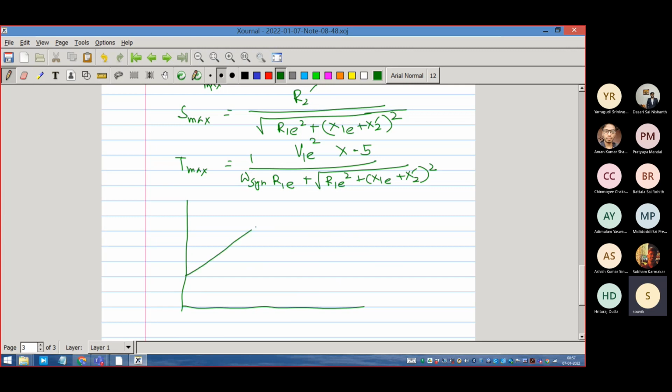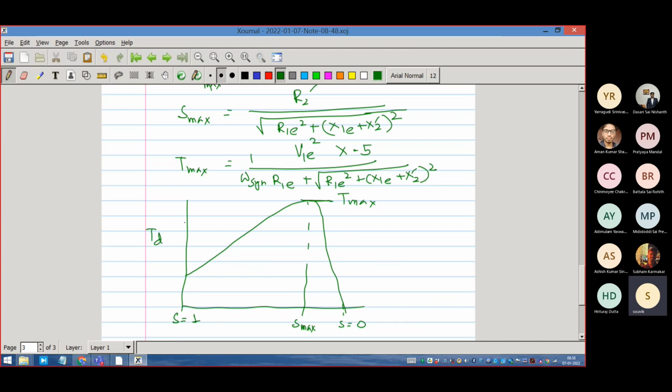Where this would indicate T max, this would indicate S max, this indicates S equal to 0, this indicates S equal to 1, that is the starting point.